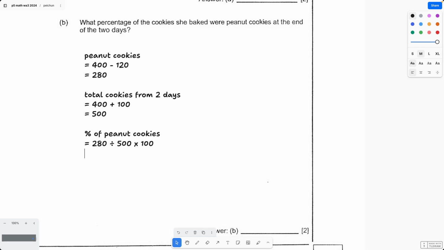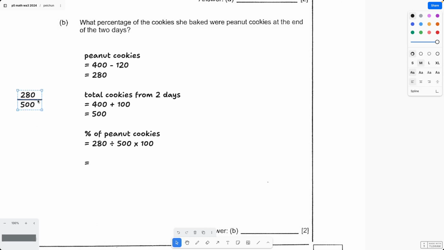Okay, so in this case, what we can do is we can just have the 2.8. Essentially, it is the same as 280 divided by 500, which is 280 out of 500 as a fraction, right? So you actually can start with a fraction.